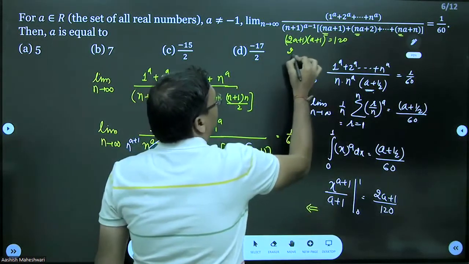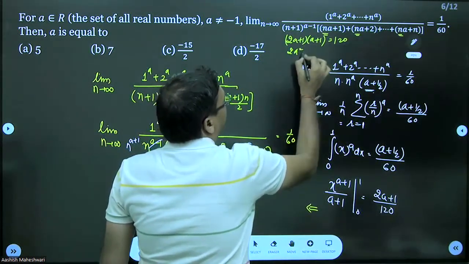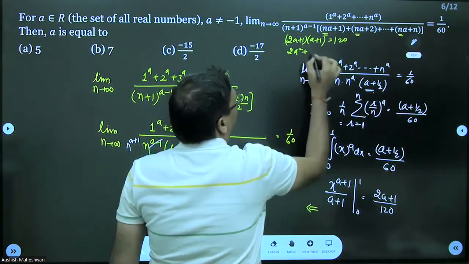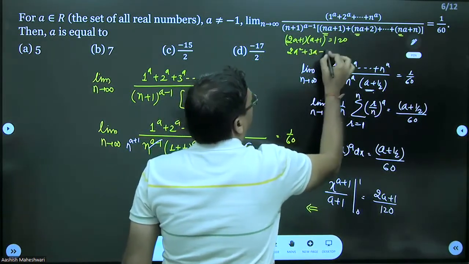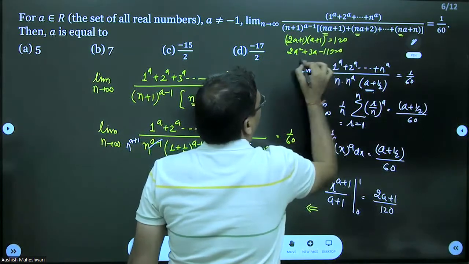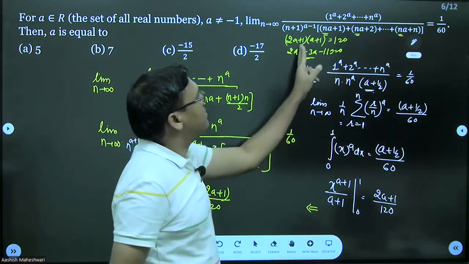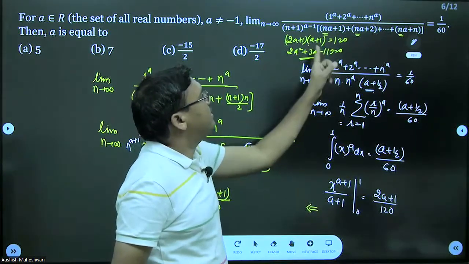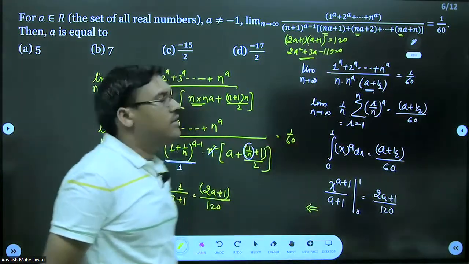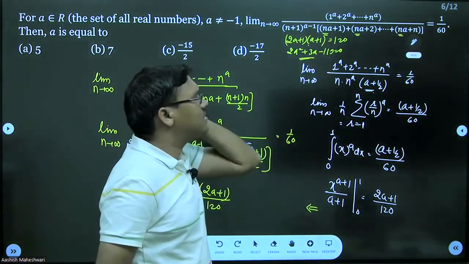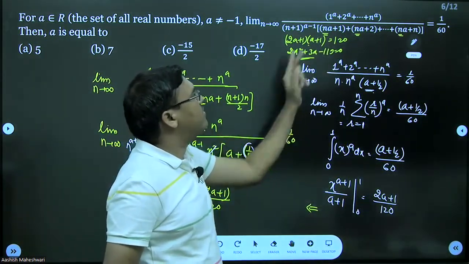So this is 2a square plus a plus 2a, that is 3a, minus 119 equal to 0. Okay, you can check this: 2a square, a plus 2a is 3a, and this is 1 minus 119. Factorize this. You can see this is 17 and minus 14, and you will find their product.